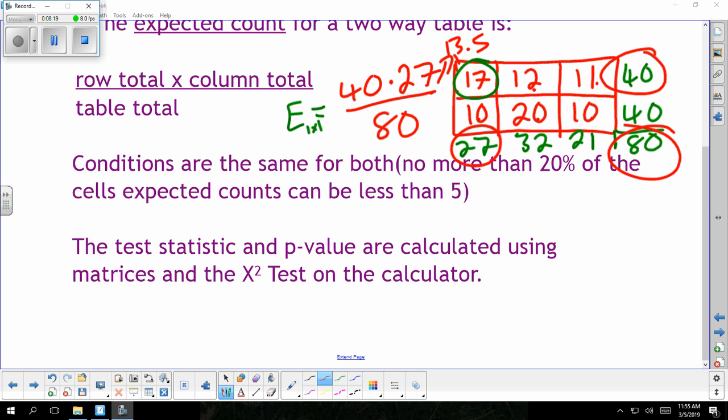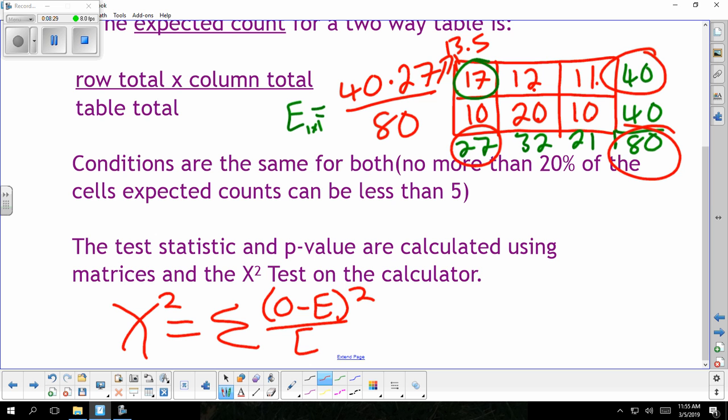So remember when we're doing this, our chi-squared test statistic is just the same, right? The sum of all the observed minus expected squared over expected. So each value within our two-way table has an observed, that's 17 there, and then the expected, the 13.5.